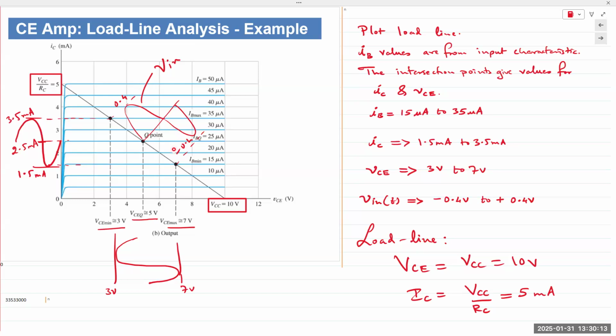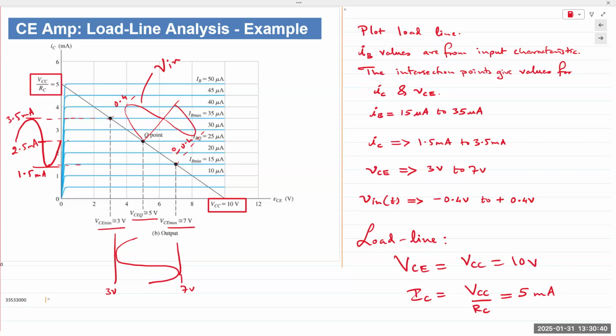So 15 microamps and 1.5 milliamps. And then when IB goes to its maximum, 35 microamps, you get an IC value of 3.5 milliamps. So far, so good. IC is an amplified form of IB, and IB is a result of the input voltage that is being applied, V in.